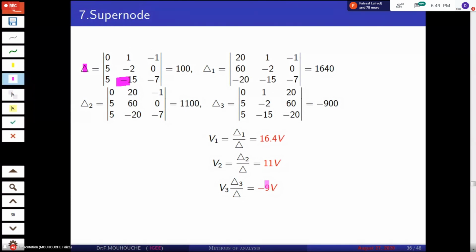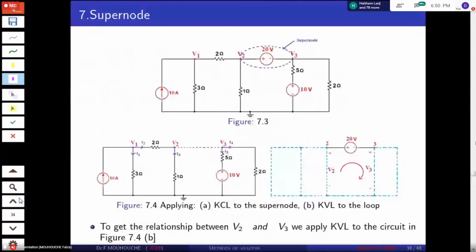Okay, this is the case when we have the supernode. The supernode means when we have a voltage source, dependent or independent, located between non-reference nodes. I said to you that the non-reference node is this one, okay? And the bottom is the reference node, okay? So, when we have a voltage source, dependent or independent, located between two non-reference nodes, we use the supernode.